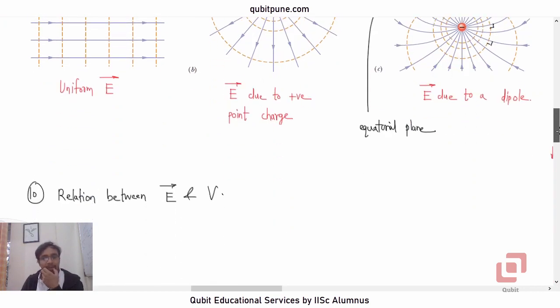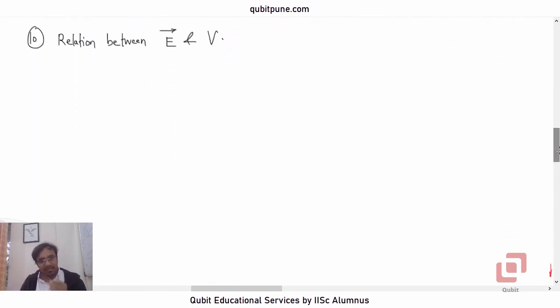Okay. Next is the relation between electric field and electric potential. The most general form of the relationship between electric field and electric potential will be introduced to you in engineering mathematics, and that goes something like this: electric field is the negative of the gradient of V. Gradient of V involves derivatives, partial derivatives we call them.